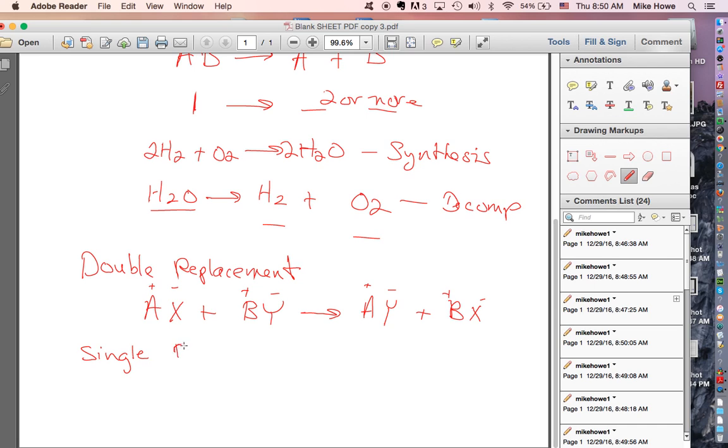Okay, the fourth one is called a single replacement. Now we've done these as well, but we haven't spent as much time on the single as we did the double. Okay, so an example would be from the halogen lab where we had bromine plus sodium iodide. I wasn't going to give you an example before I gave you the general format, so let me change back to the general format.